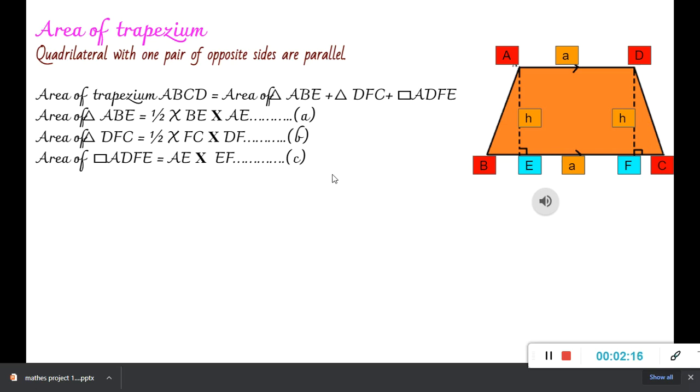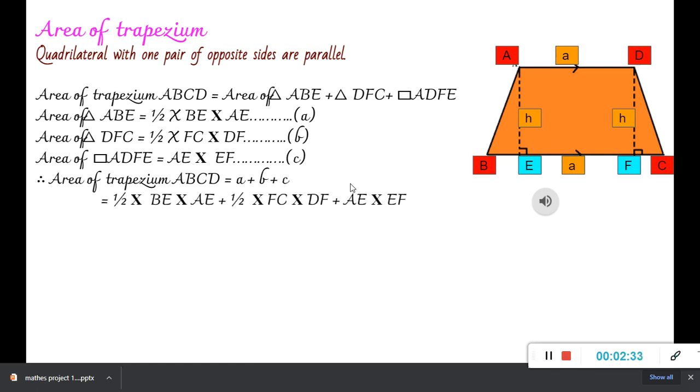That is C. Now what would be the area of trapezium ABCD? That is A plus B plus C. So what is A? Half into BE into AE, plus what is B? Half into FC into DF, plus what is C? AE into EF.